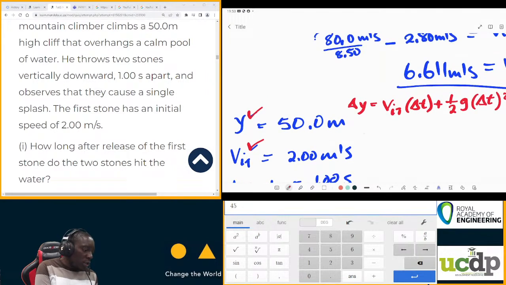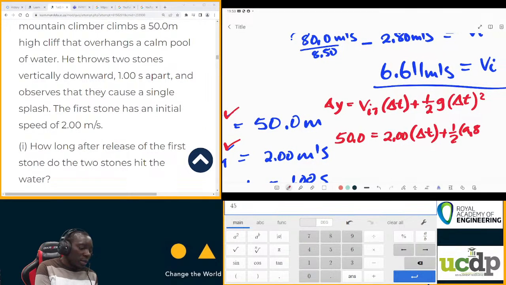So now, since y is 50 meters above the ground, we substitute vi 2.00, delta t is what we need to find, plus half 9.8 times delta t squared.